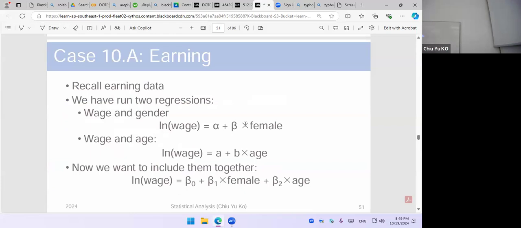And also how old you are, or how experienced you are, affects your wage. So we naturally ask the following question: how is your wage determined by your gender and your experience? This is what we want. Of course, you can include many things, maybe which occupation you are in, but that is the model we want to look at.